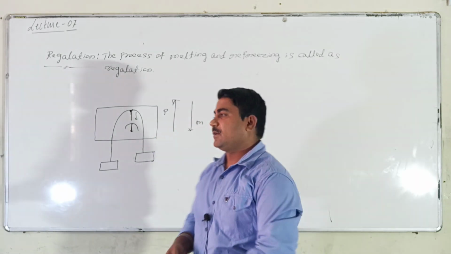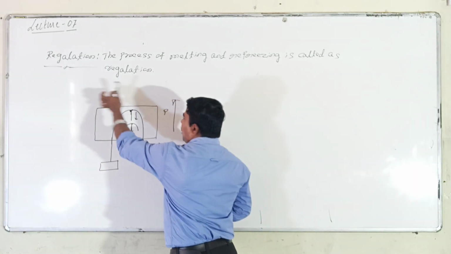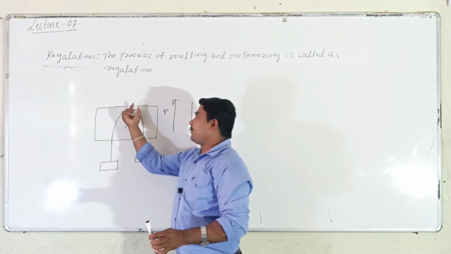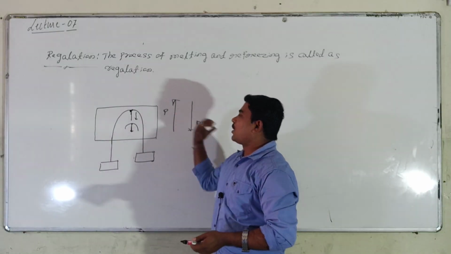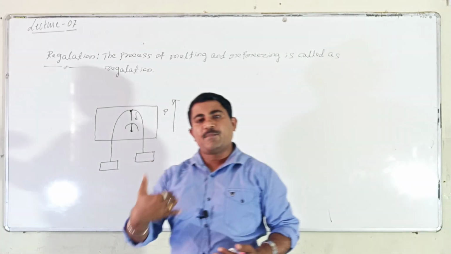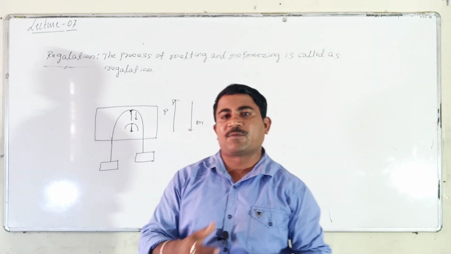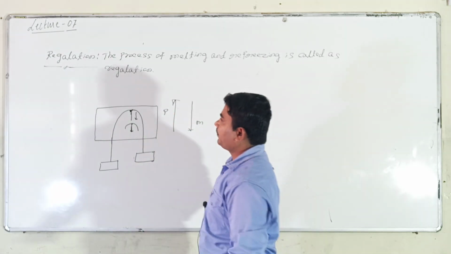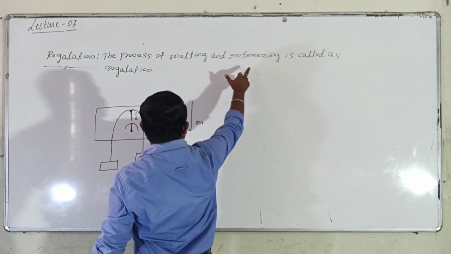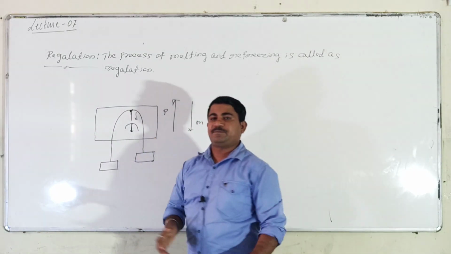So if you place a wire on the ice cube, the wire passes without breaking the ice cube. Because of what? This phenomenon. As pressure increases, melting point of the ice is decreased. So this process, what can I call? The process of melting and refreezing is called as regulation.